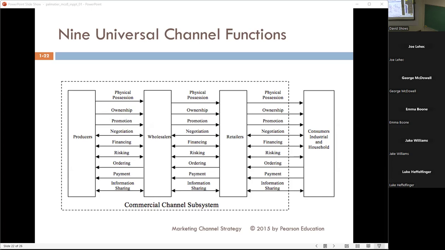If you are to remove a channel member from the system, you still must find some way to perform the function. You can eliminate members in the channel, but you cannot eliminate the functions they perform.